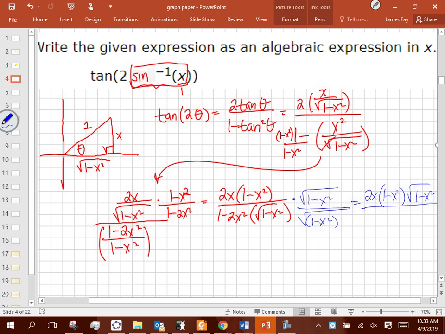If I'm going to multiply these three things, a quantity times a quantity times a quantity, can I take those two and multiply them together? Those two right there become 1 minus x squared. If I would have multiplied this numerator out, I would not have seen that 1 minus x squared canceling with that one.